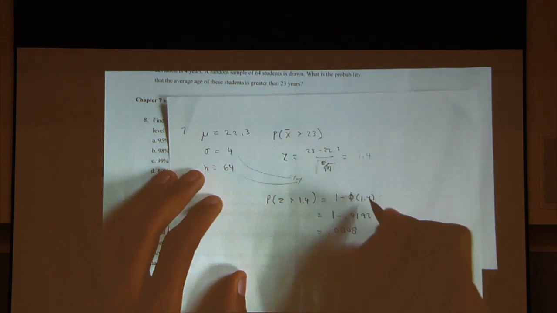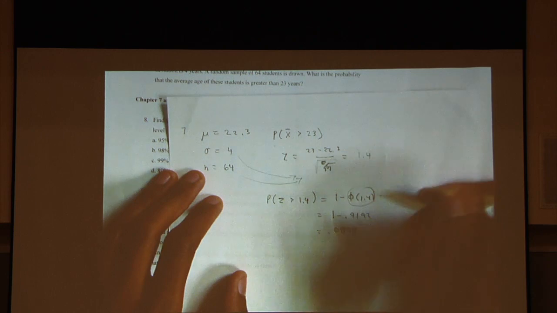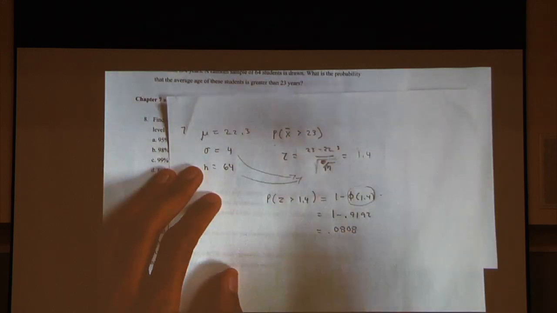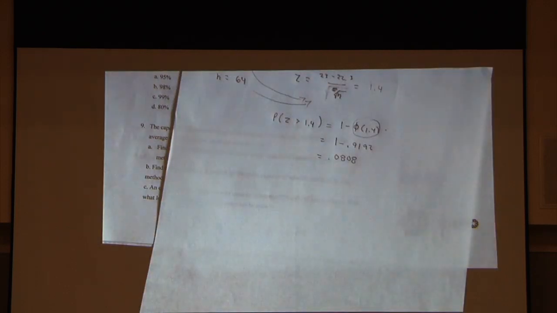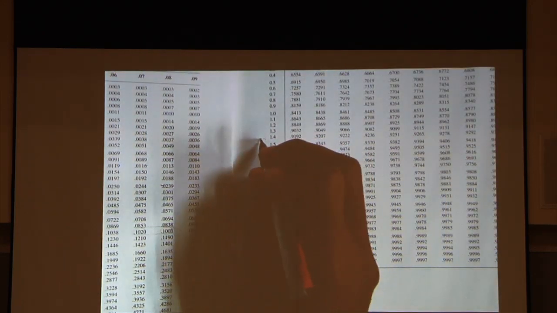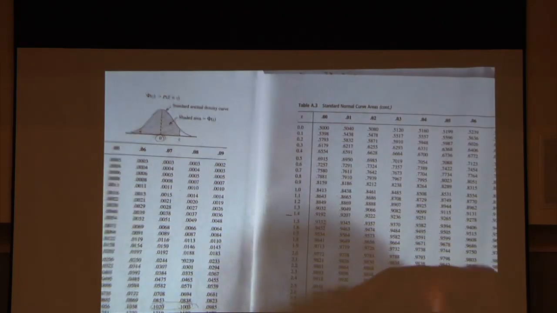Because if you just go to the z chart and plug in the z value, for ours it is 1.4. So 1.4 here. It's going to give us this area, which is less than the value that we want.